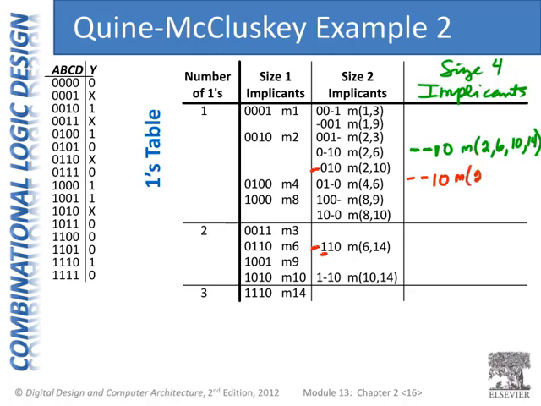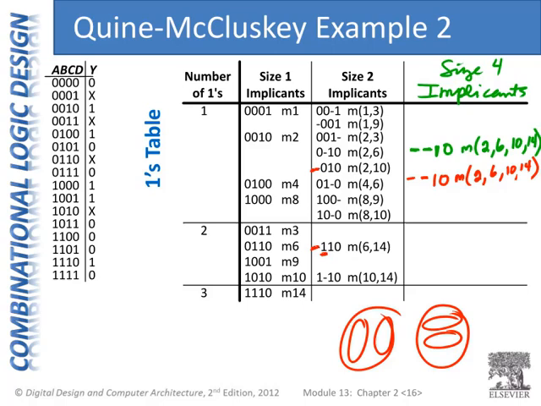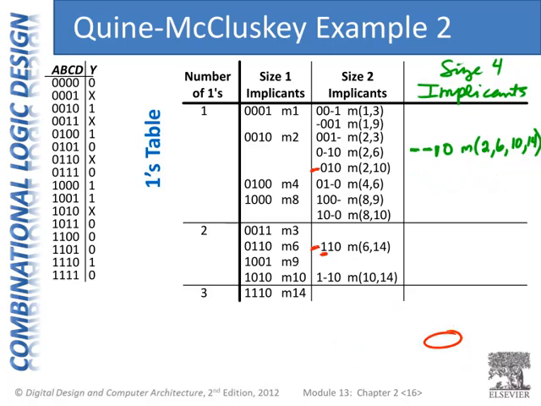Minterms 2, 6, 10, 14. Again, that same thing we had last time where we have 2 vertical groups of 1s or 2 horizontal groups of 1s resulting in the same group of 4. So we're not going to include that. We already have it included in our size 4 implicants, so we don't need to include that again. It's already there.